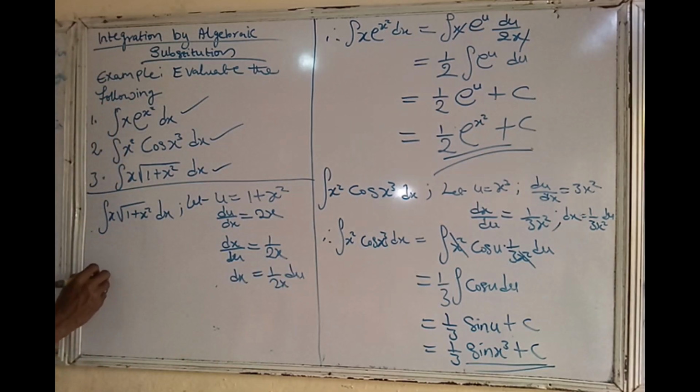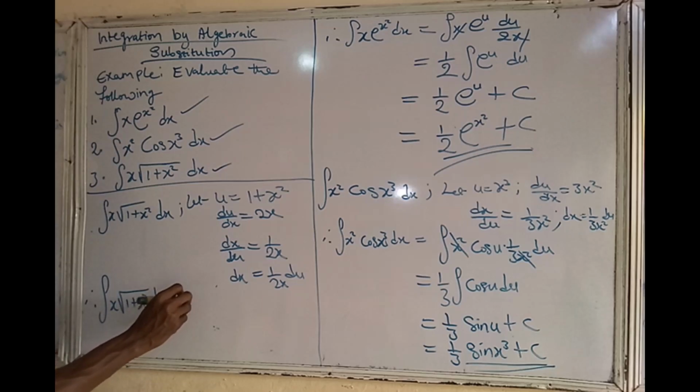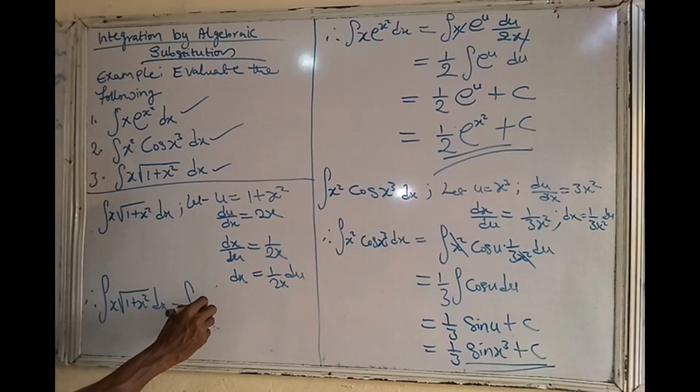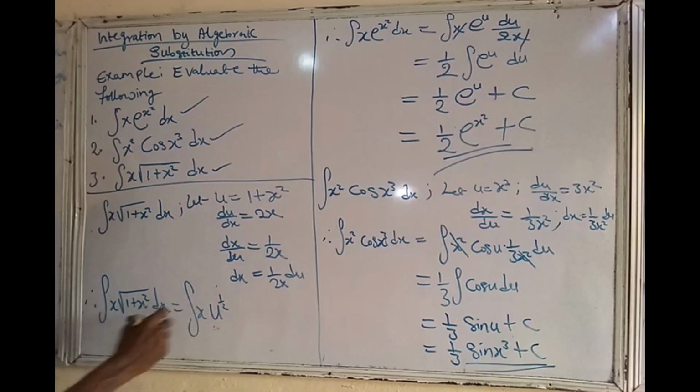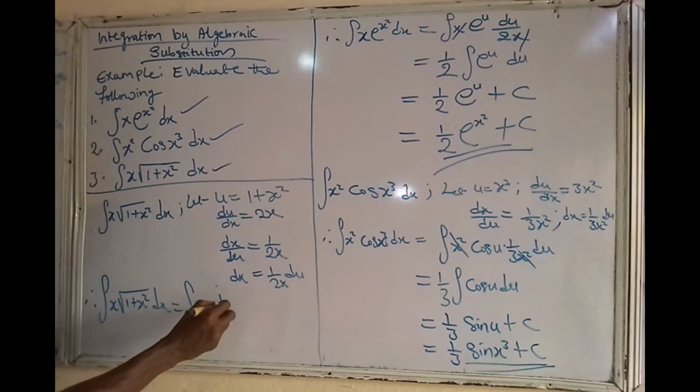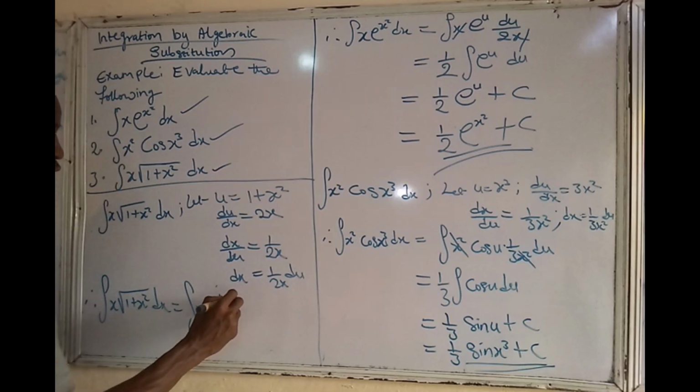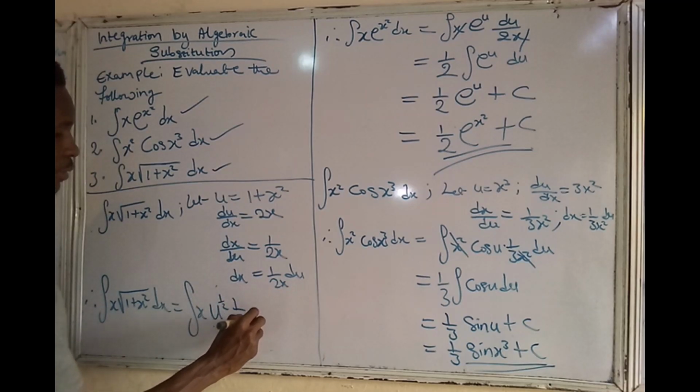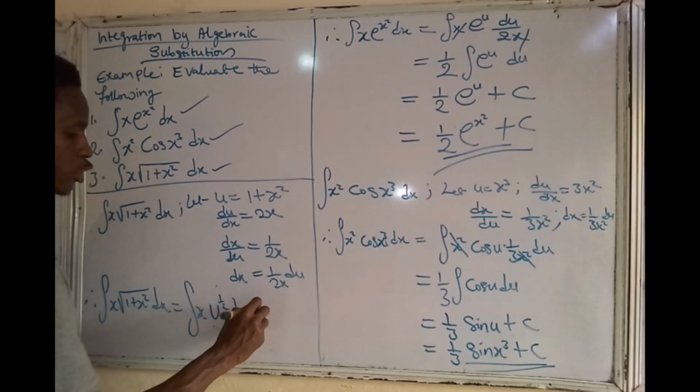So we are now substituting here. We say therefore the integral of x root of 1 plus x squared dx should be equal to the integral of x times u raised to the power of half. Of course, the square root means power of half. Instead of dx, we replace this, which is half x du.